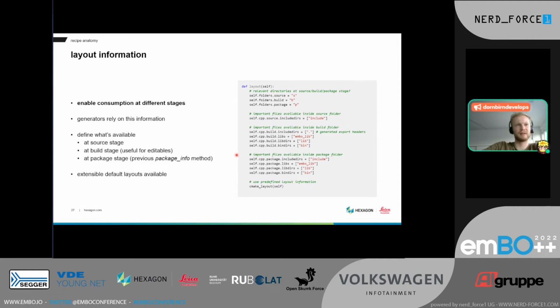So when we are done with the build and the packaging, this description here, for example, describes that at the package phase, you have these include directories, you have this target to link against, and the linking files are usually in lib, and the binary files, like the files available for execution, are in bin. And this layout function just gives some meta information for generators to know where stuff is.